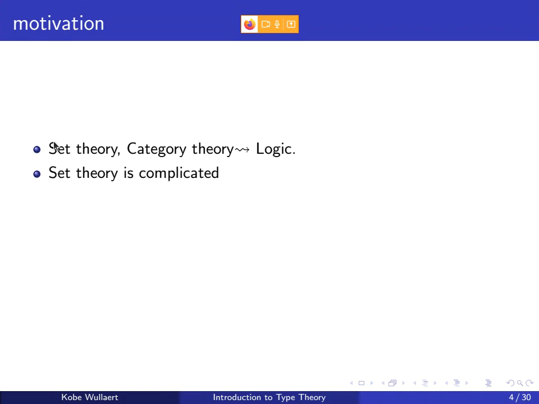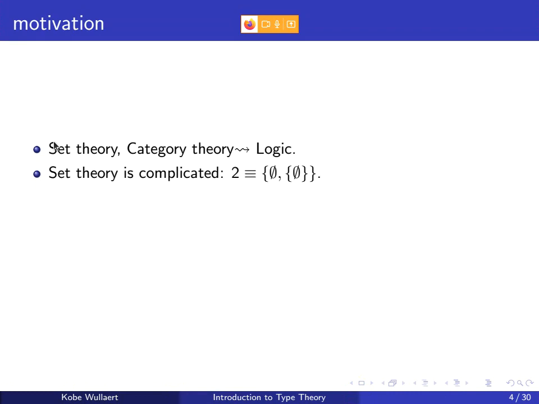And also, set theory is actually very complicated. Although we use it, we never use it really how it is formalized. Because, for example, just the natural numbers, like the number 2, formally is this weird set. But I don't think any mathematician uses this.